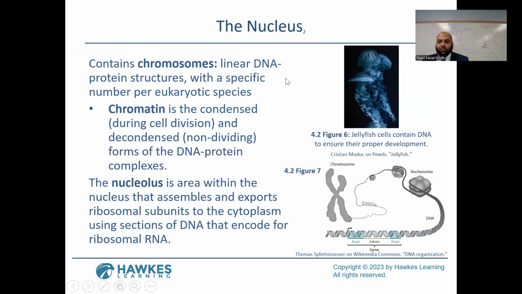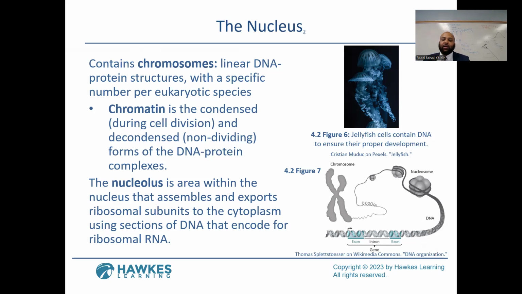Inside the nucleus, you have the chromosomes. These are linear DNA protein structures with a specific number per eukaryotic species. So the chromatin is in its condensed form during cell division.